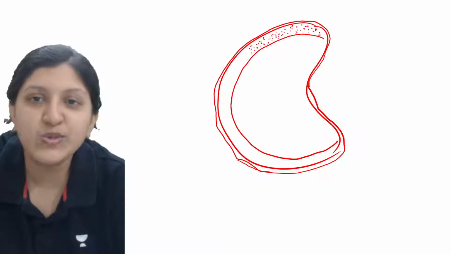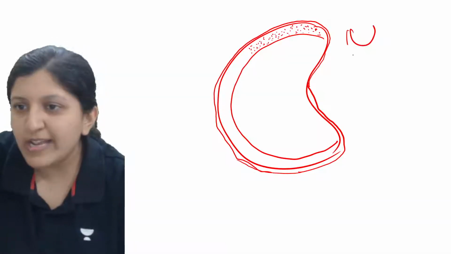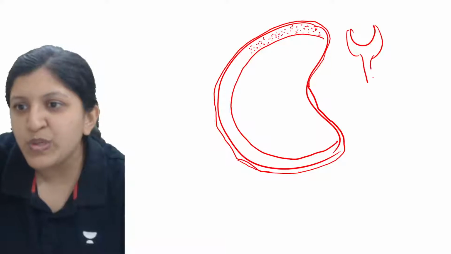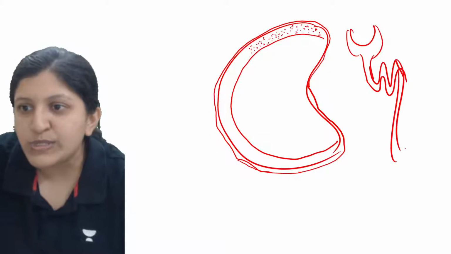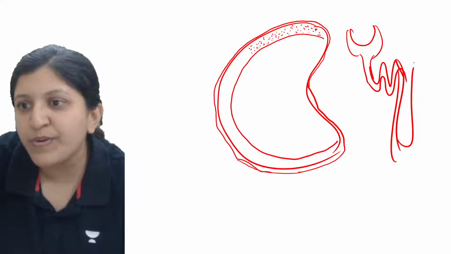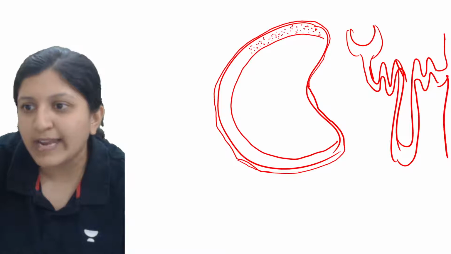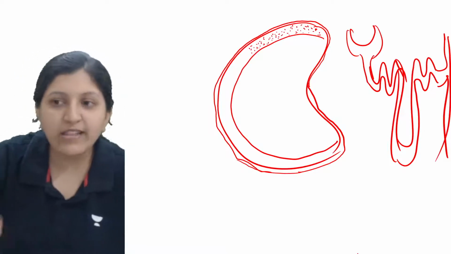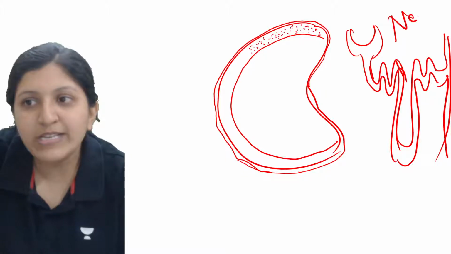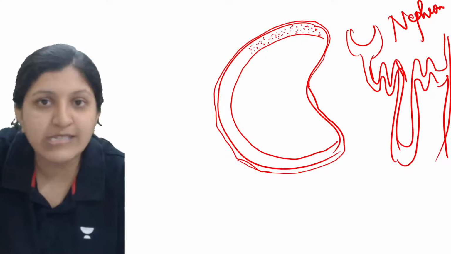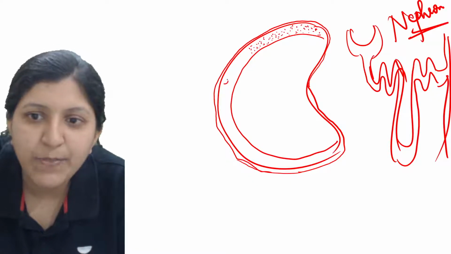The associated part is nothing but, you know the structure of the nephron, right? There is the Bowman's capsule, and this one is the PCT, and this goes down. This is Henle's loop, and there is a DCT over here, and there is a collecting duct. These are the parts that you find. Now when we mention the nephron is the structural unit of the kidney, this dot is nothing but the Bowman's capsule.